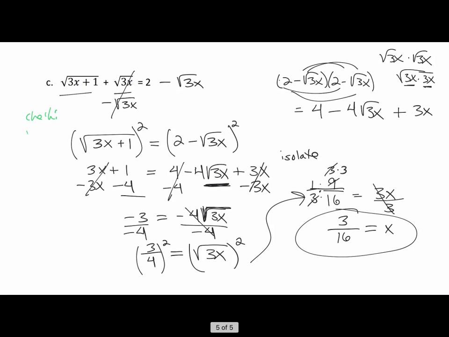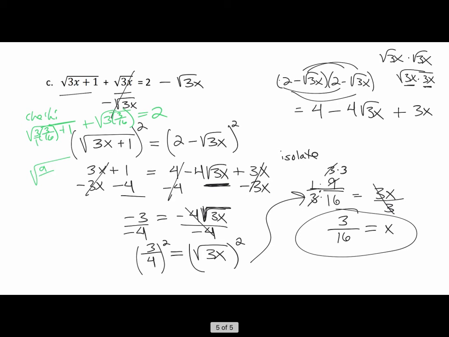The square root of 3 times 3/16 plus 1 plus the square root of 3 times 3/16 should equal 2. So 3 times 3/16 is 9/16.